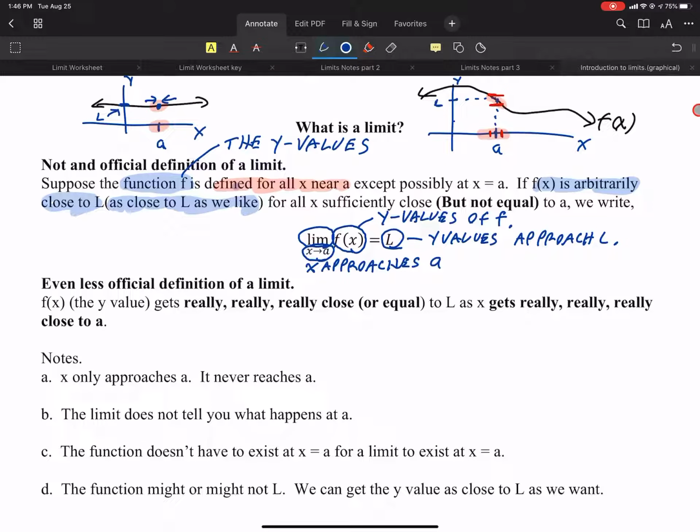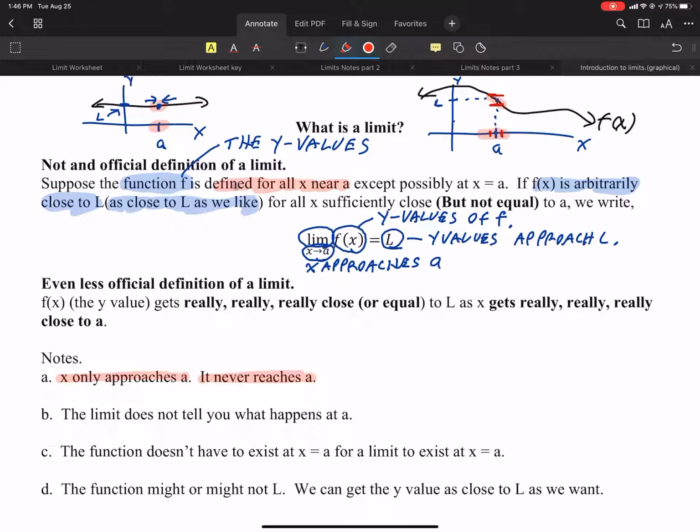So I'm going to emphasize a few things because these are very important, and I've said it a lot already. X approaches A, x never reaches A. Very important for you to know. I do not ever reach A in a limit.